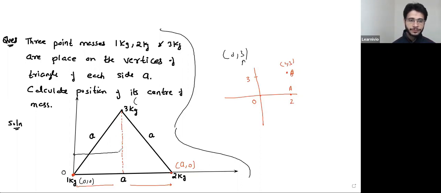This whole side is a, so this part is a minus a by 2. If I drop a perpendicular, it divides this side into 2 equal parts. So the x coordinate is a by 2.